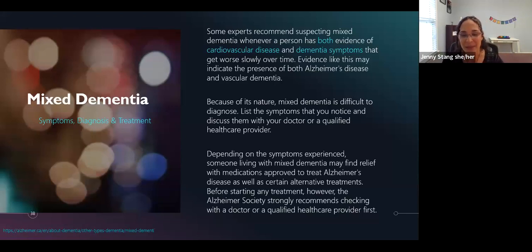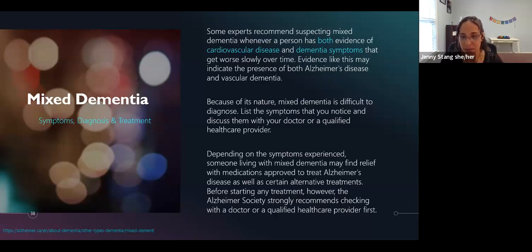So list the symptoms that you notice and discuss them with your doctor or qualified healthcare provider. You're there with them more than anybody else, so you will know what their symptoms are like. Maybe start making notes about behaviors and changes that you've noticed, and that might help guide your medical professional in getting a specific diagnosis.